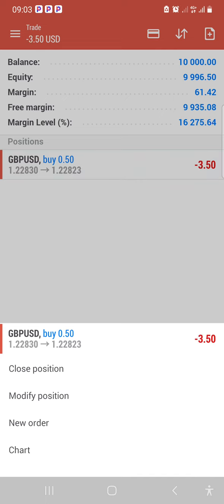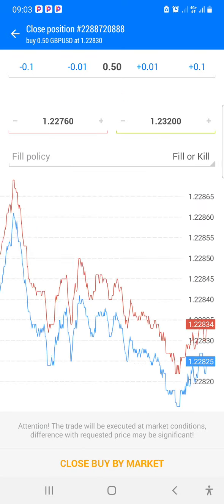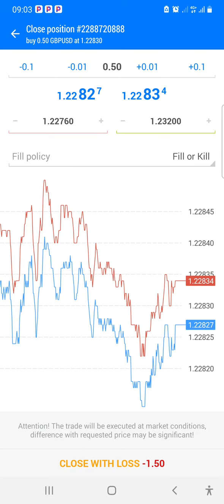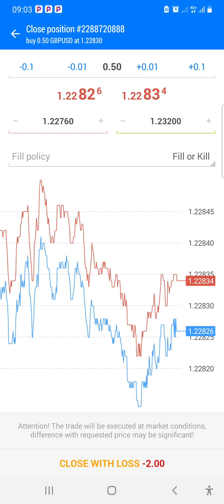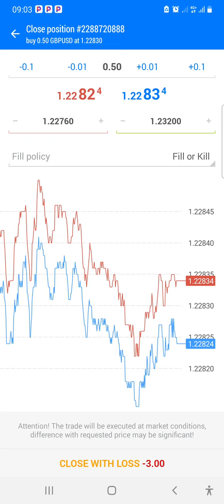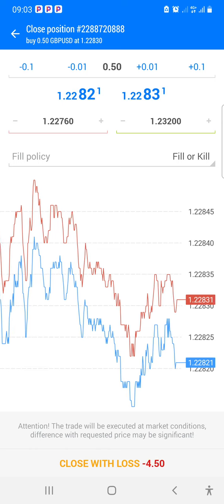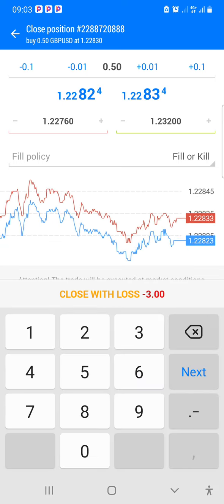So if you want to close the position now, you just click on this point here. Now let's say you are in profit and you want to close 50% of that trade. You just come here, click on the lot size.